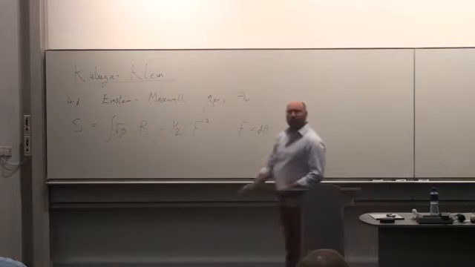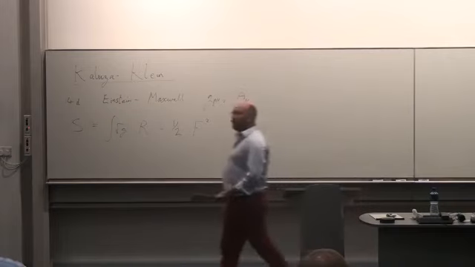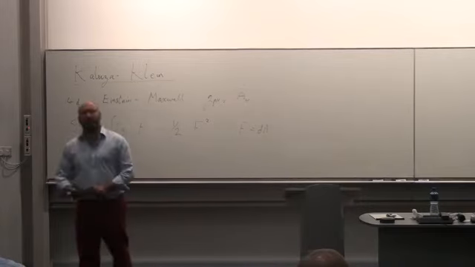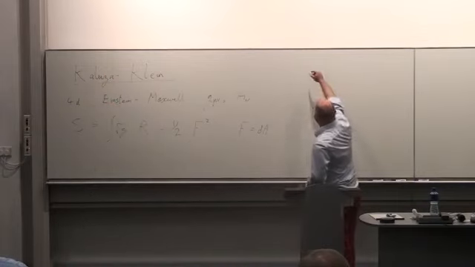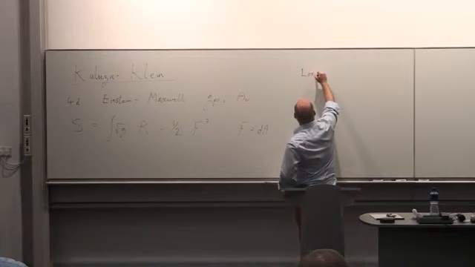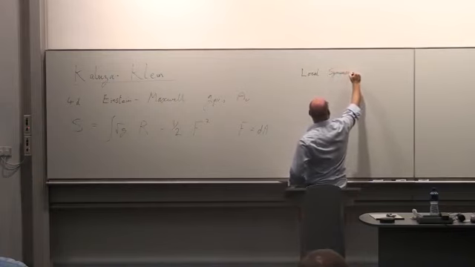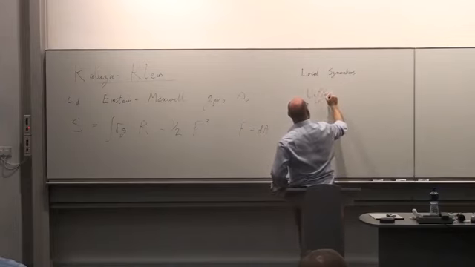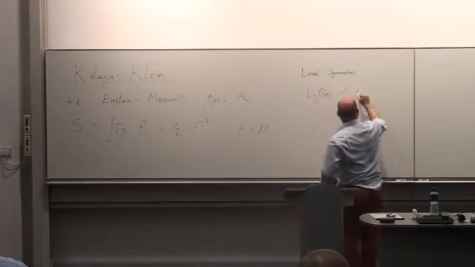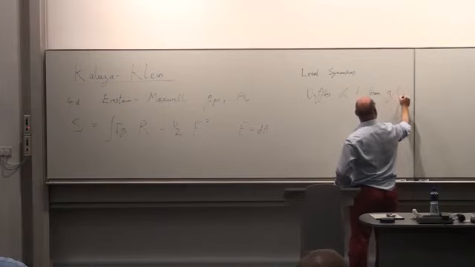And the question which Kaluza and Klein asked themselves is, can you lift this to a single geometric theory where, here I should say, importantly, we have local symmetries, which are diffeos, and one-form gauge transformations of A. Gauge transformations.